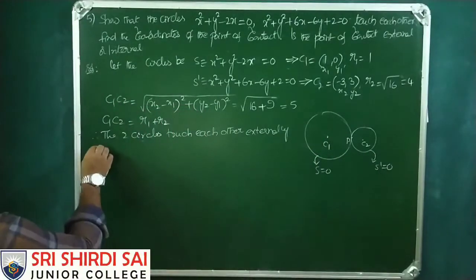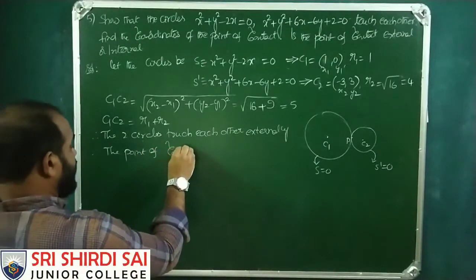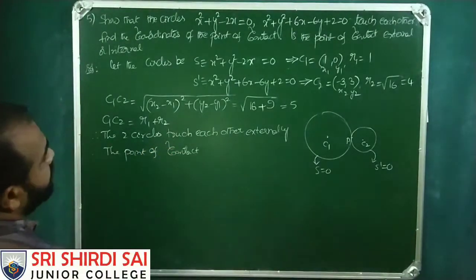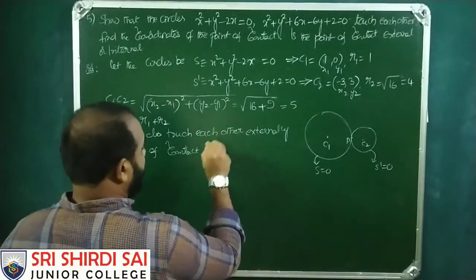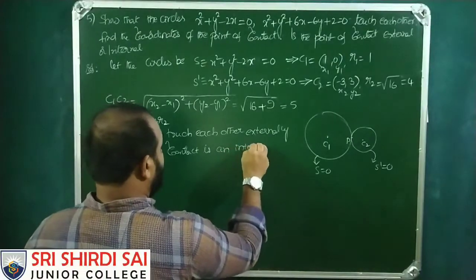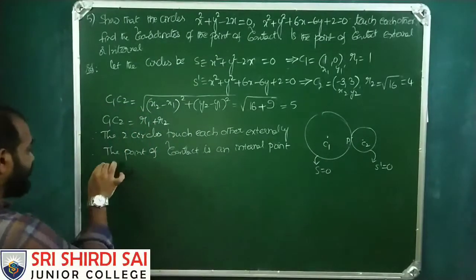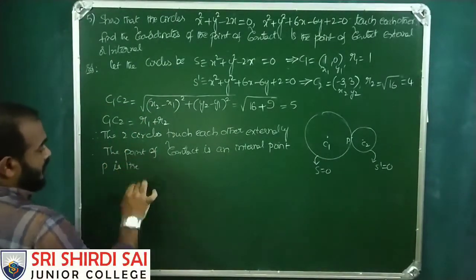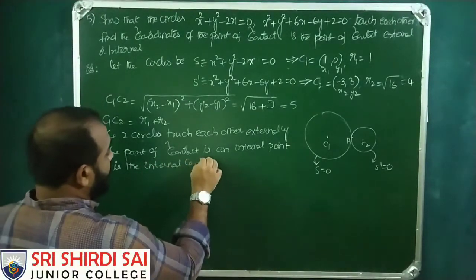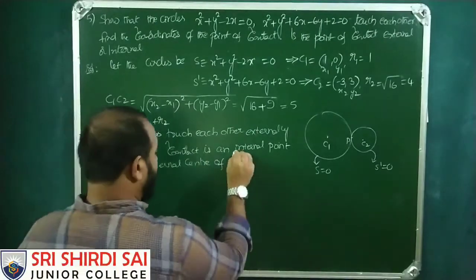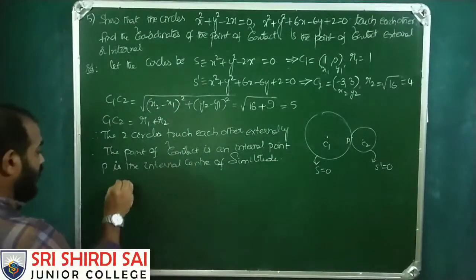So the point of contact is an internal point. To be more specific, P is the internal center of similitude.